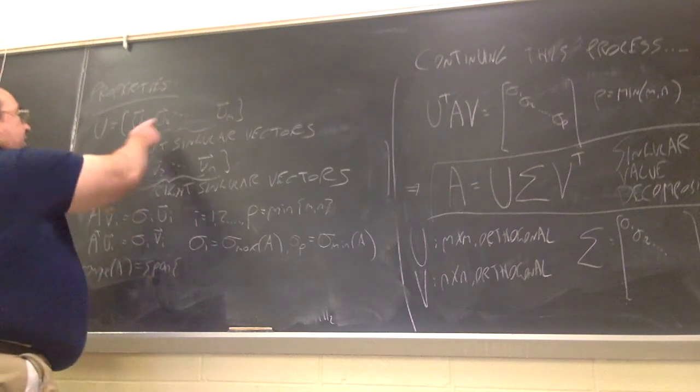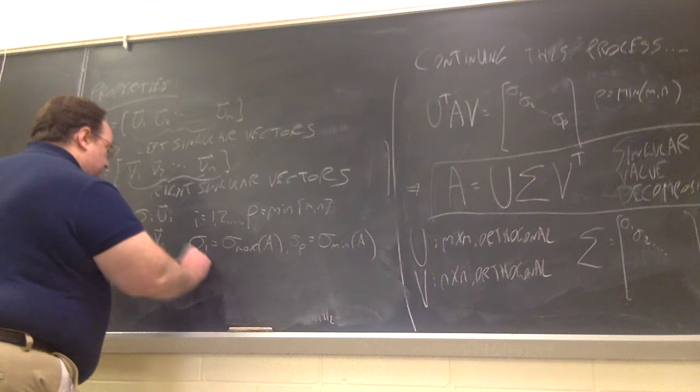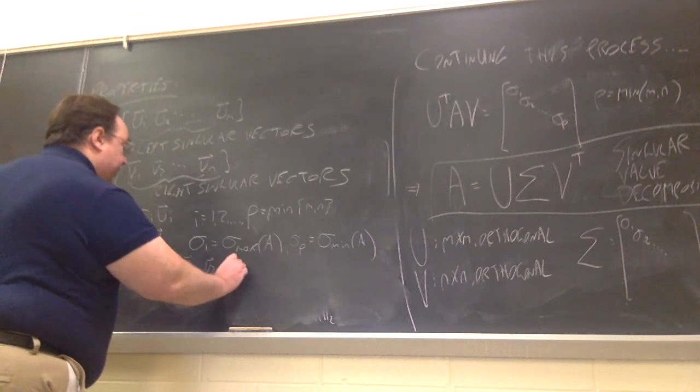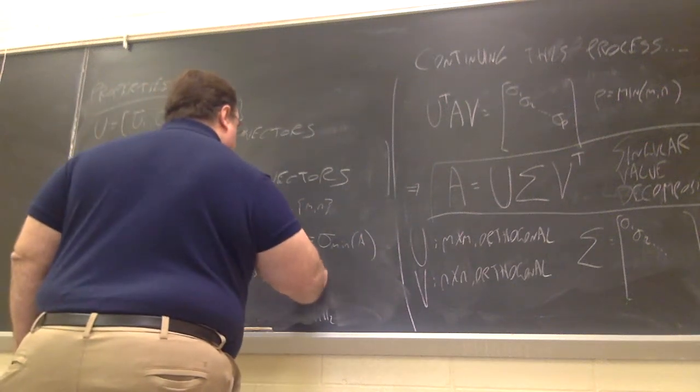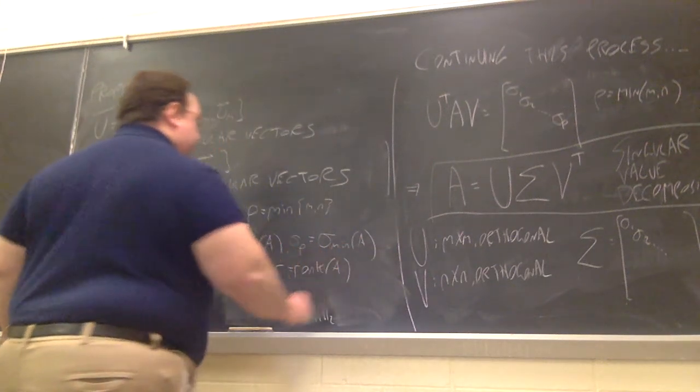And that comes from the left singular vectors U1, U2, up to Ur, where r is the rank of A.